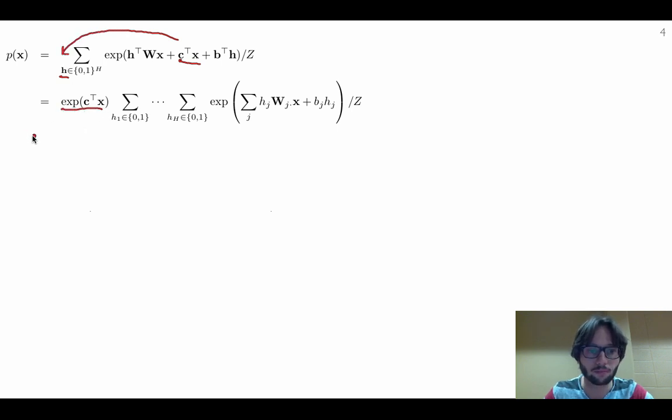I'm writing explicitly that this sum over all binary vectors can be written as a series of nested sums over H1 up to H capital H. And then I'm writing this term here and this term here, similarly to what we did in the demonstration for the conditional distribution, as a sum over all hidden unit indices of a term that involves only a single hidden unit, Hj.